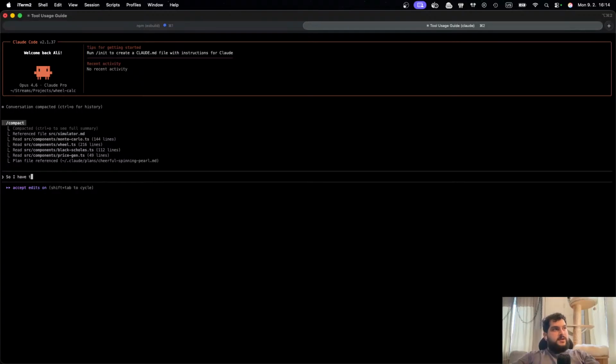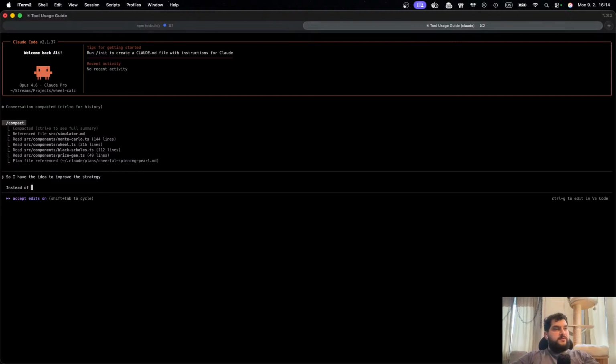So I have the idea to improve the strategy: instead of always entering positions with a fixed delta, change it based on the current situation.